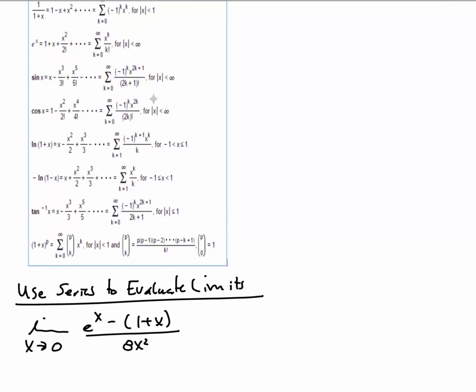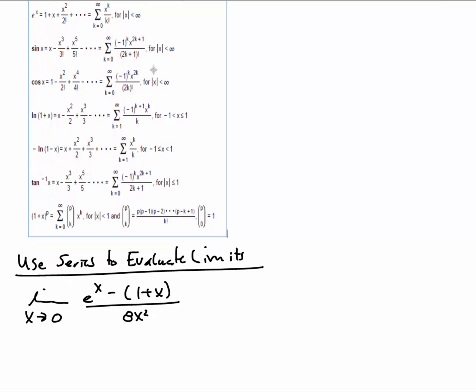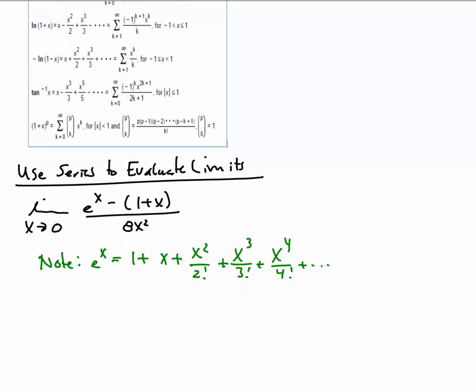From here we know e to the x is equal to 1 plus x plus x squared over 2 factorial. I'll plug in a few more of these following that same pattern, x cubed over 3 factorial, x to the 4th over 4 factorial, and then this continues on indefinitely. So what we're going to do here then is, in place of this e to the x, I will plug in this series.